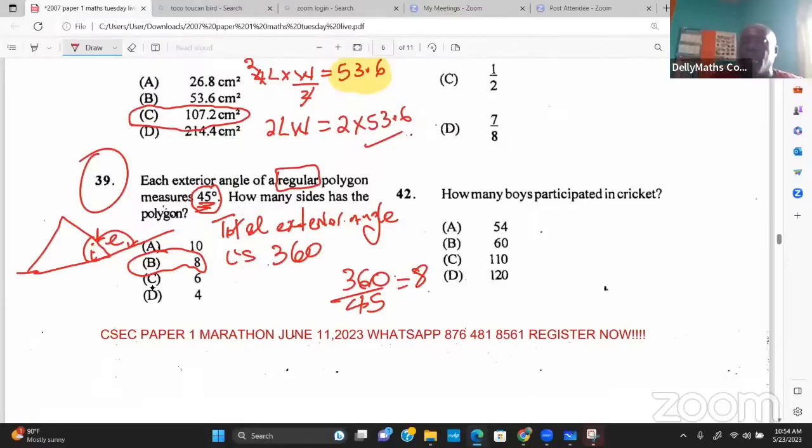For example, a triangle, 3 sides, 3 angles inside. A quadrilateral, 4 angles inside, 4 sides. So you could know, right? So there's a direct relationship with the number of sides and the number of angles that you have, right? So when I find this, I understand that I have 8 sides.